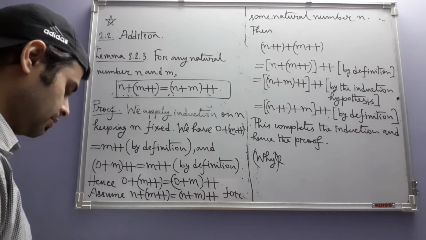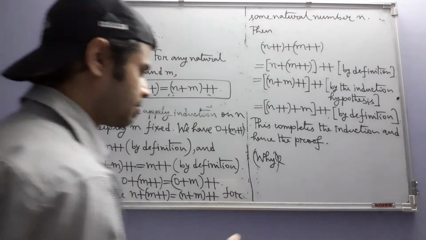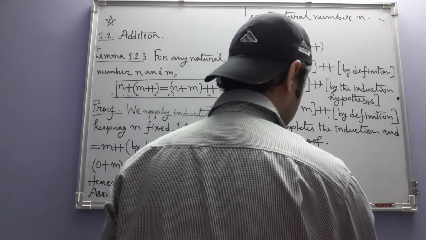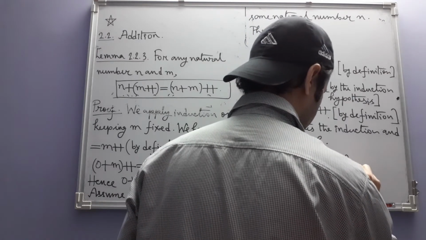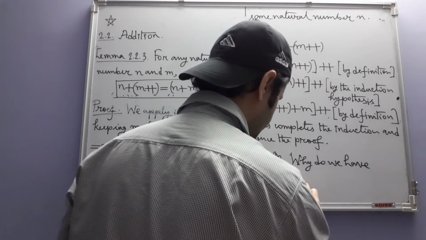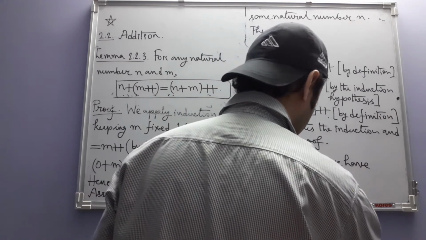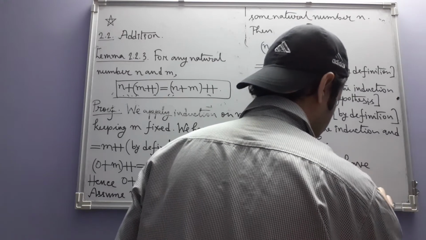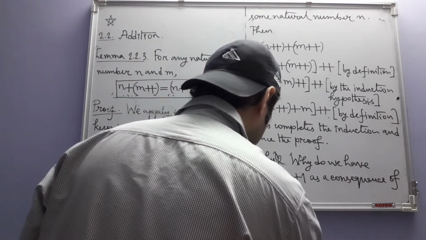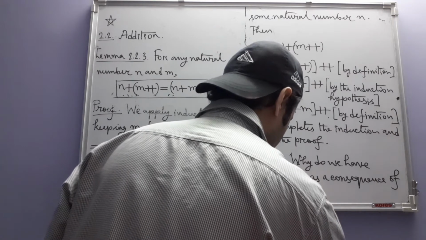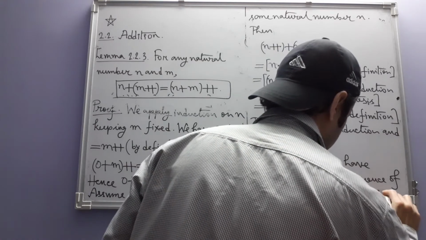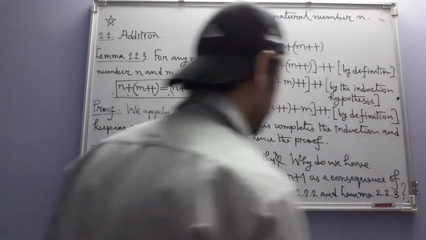The exercise asks this: why do we have n plus plus is equal to n plus 1 as a consequence of these two lemmas, lemma 2.2.2 and lemma 2.2.3. It's a question.